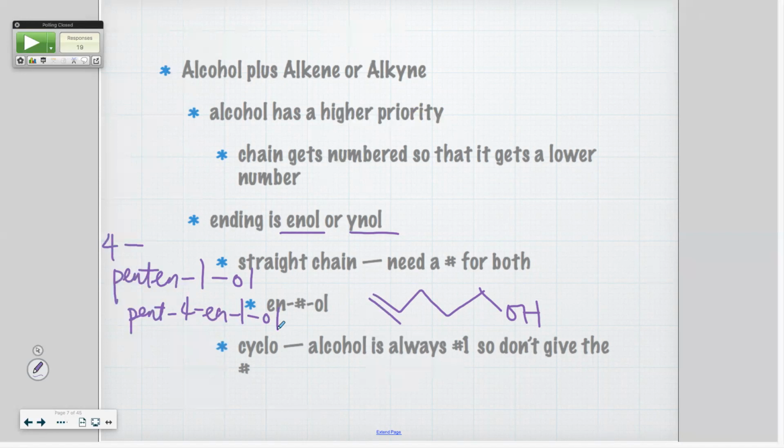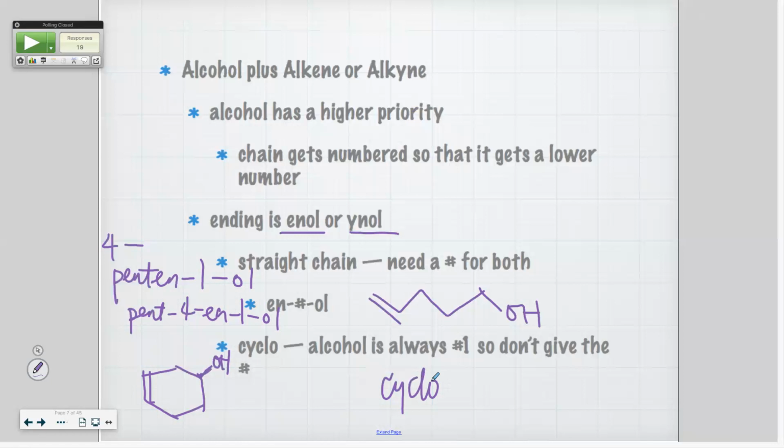Okay? So if you have this compound, okay, how would you name that? That's connected to this carbon right there. Okay. Here's your clue. Wasn't that nice?